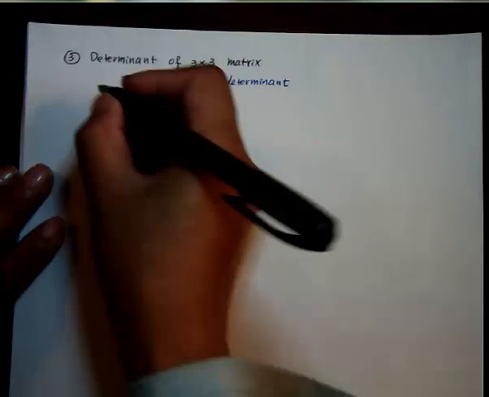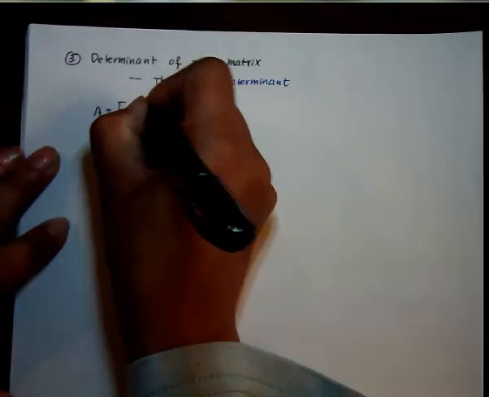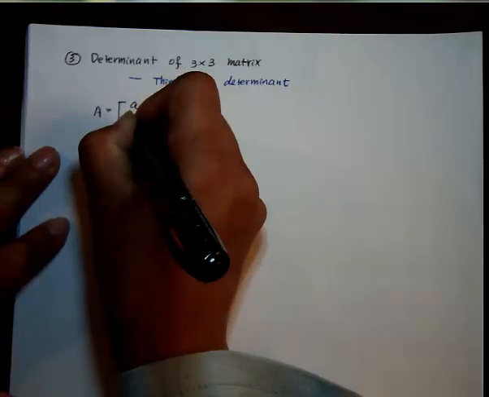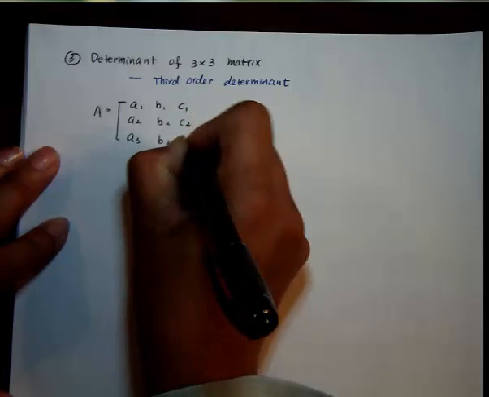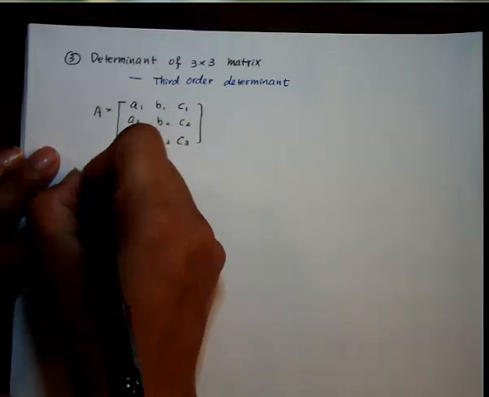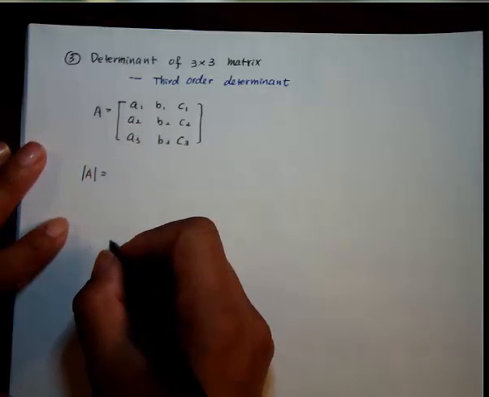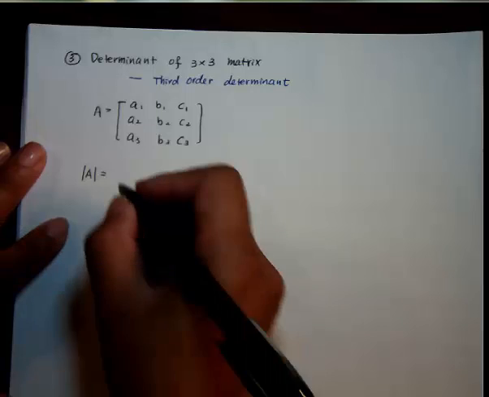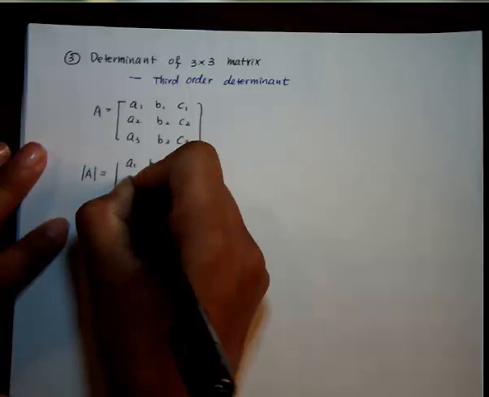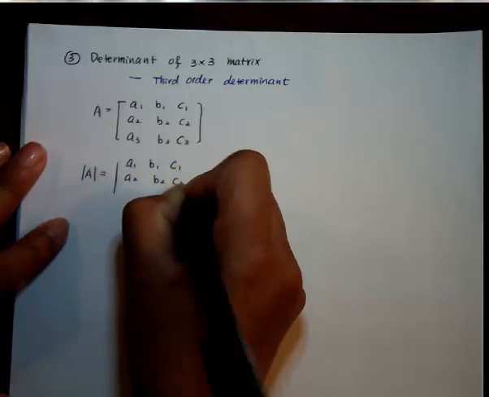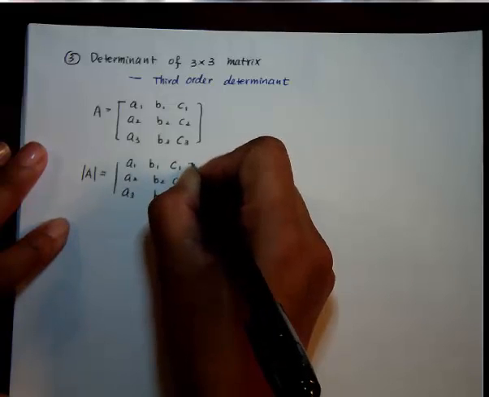Alright, again, if we have matrix A defined as a1, b1, c1, a2, b2, c2, a3, b3, c3, to be honest, the formula is a little bit hard to memorize, but I'm going to show you a shorter way to understand how we calculate that. So this is the determinant.